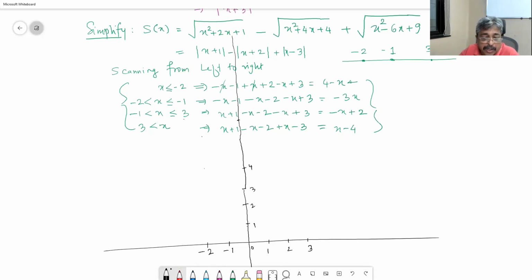Let me draw the line in red. It is going to come like this. This is plus 6. Then it will follow minus 3x, so it will pass through the origin.